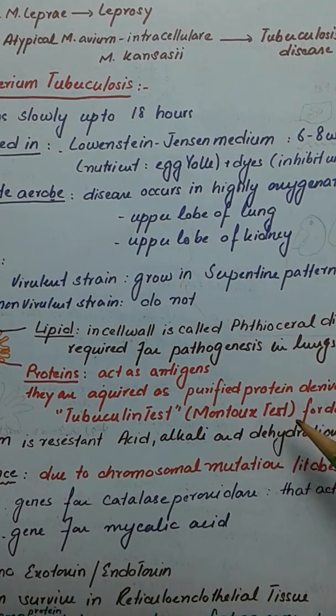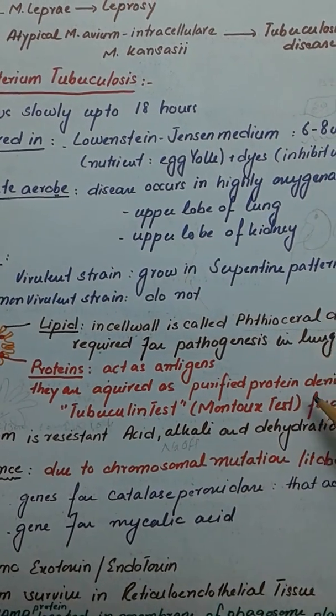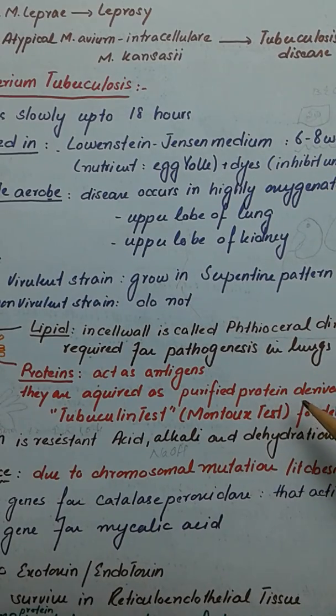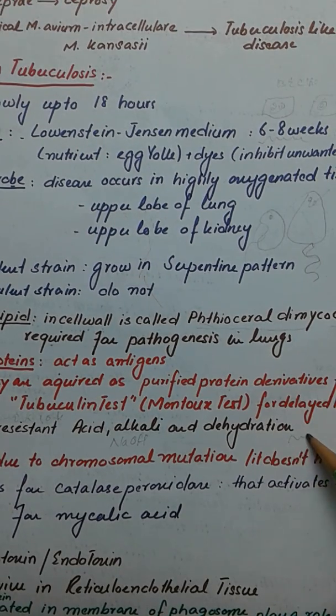Meaning that even if you use soap or detergents containing sodium hydroxide, they will not wash it off. It will not kill it. Even if you spit and it contains this organism, it will continue to grow and will not die off. Similarly, it will again go into the air and infect somebody else.